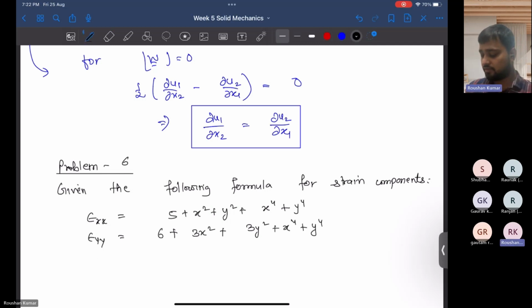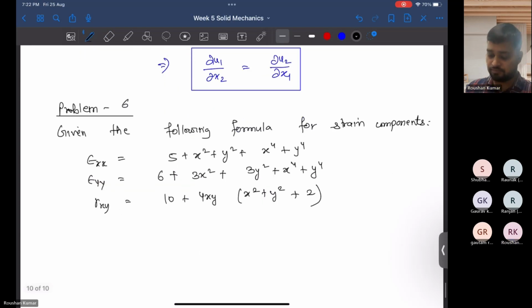Gamma xy is given as 10 plus 4xy times x square plus y square plus 2, and epsilon zz, gamma yz, and gamma zx all are 0.